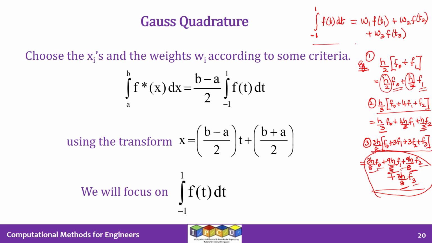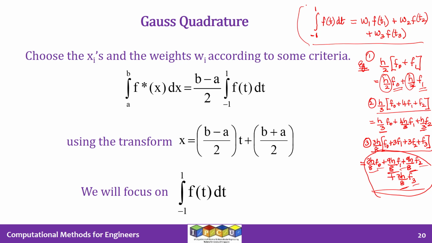If you place your attention on the top right, I have written that the integral of the function f of t dt from t equals -1 to +1 is equal to w1 f(t1) plus w2 f(t2) plus w3 f(t3). I'm using 3 points here, 3 values of t, which are t1, t2 and t3. So this would be called a 3-point Gauss quadrature, 3PGQ.